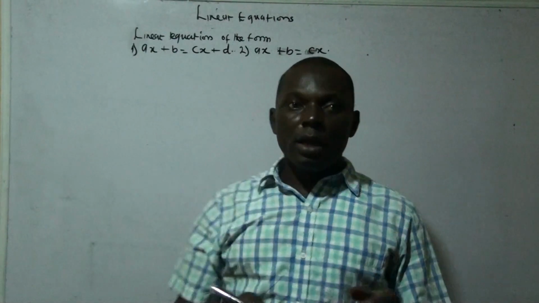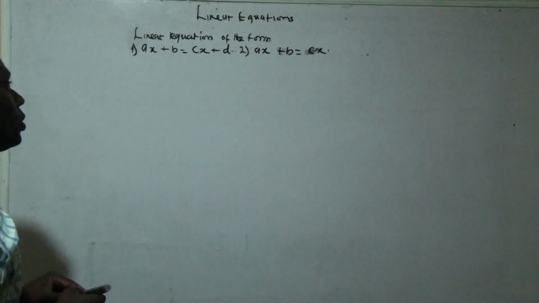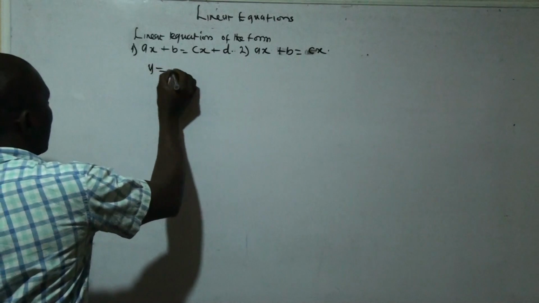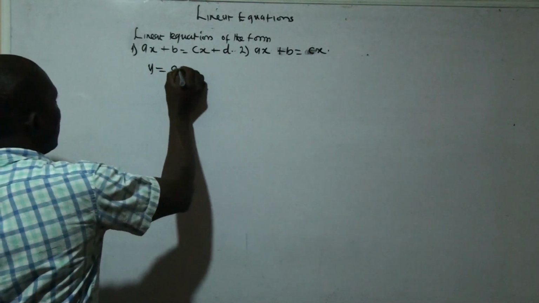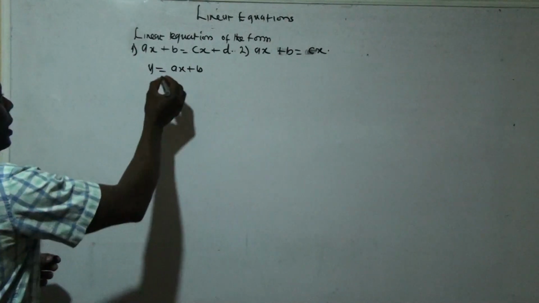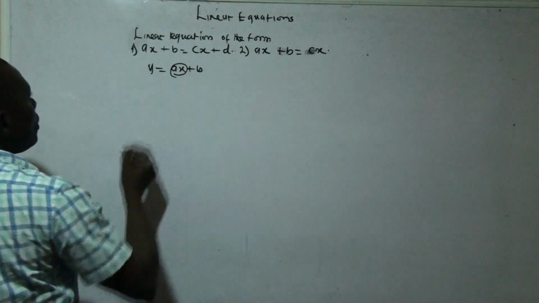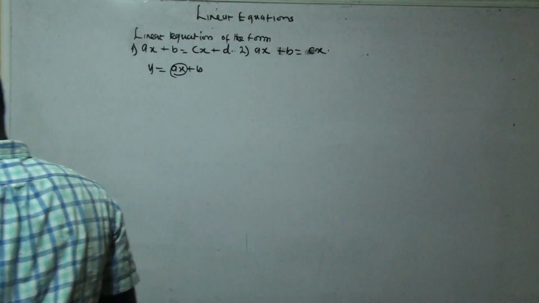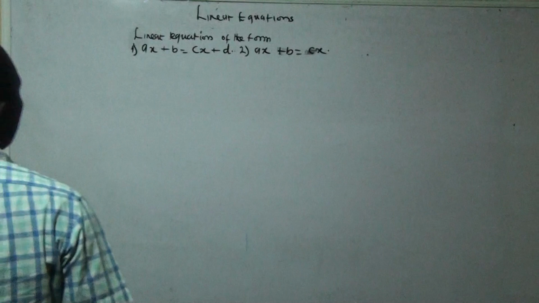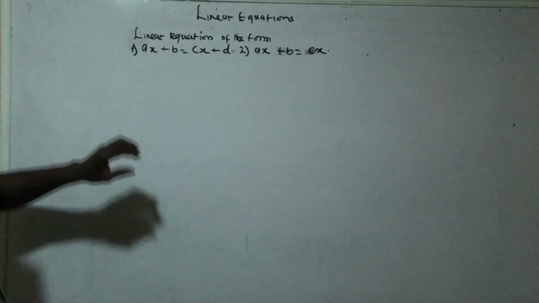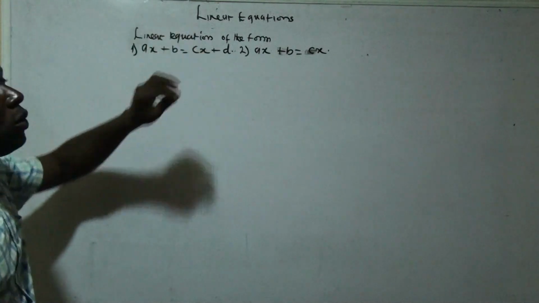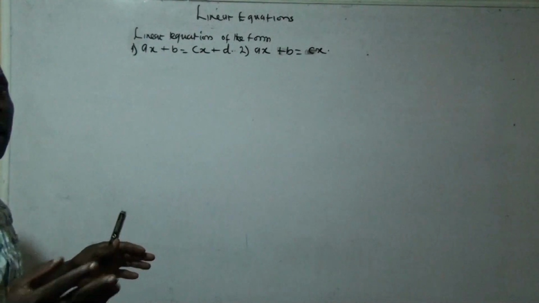Now, this equation is different from the one we were used to in our previous class, like y is equal to ax plus b. Here you see that in this equation the unknown is just 1, but the one we will be looking at today is an equation where we have two unknowns on both sides and two constants as well.